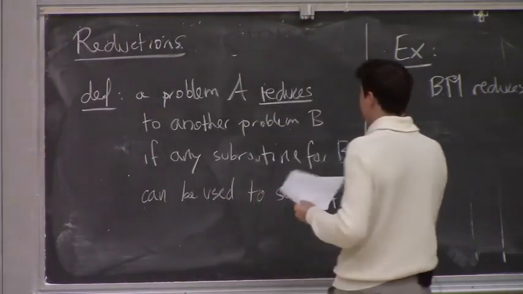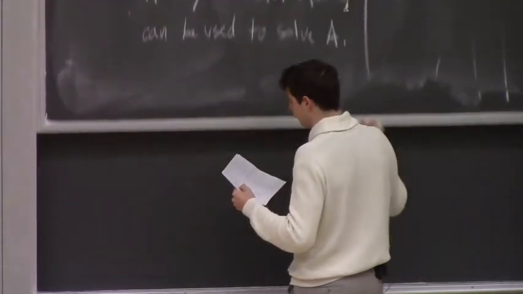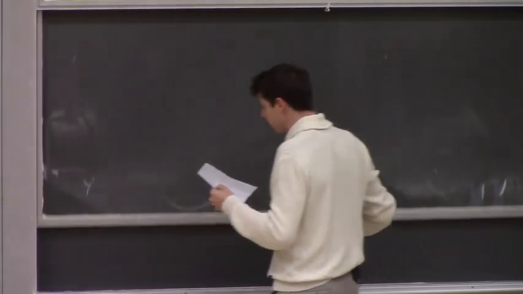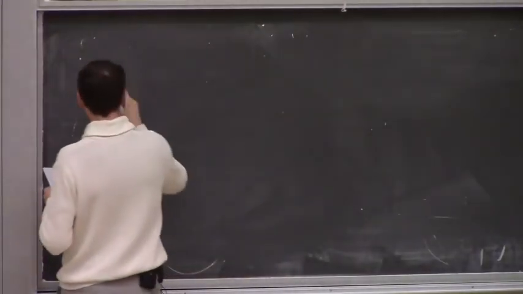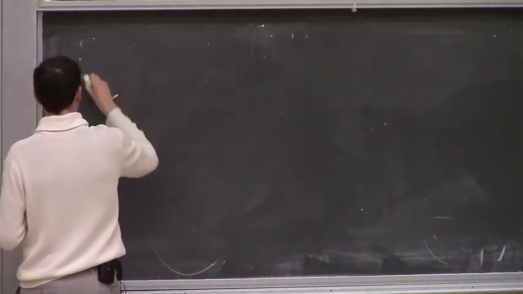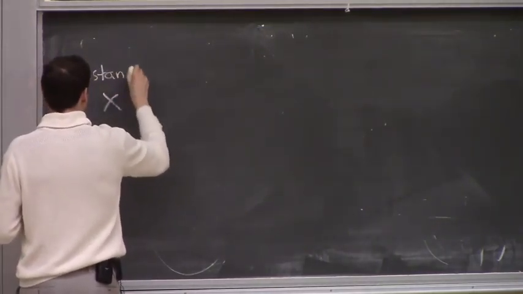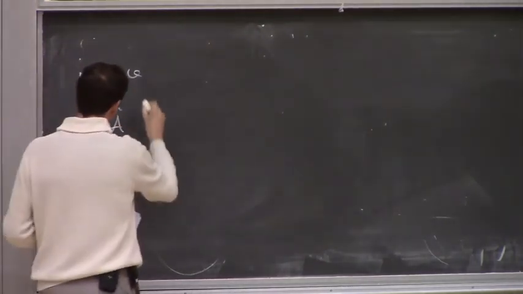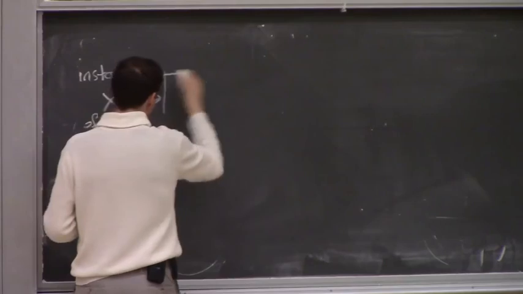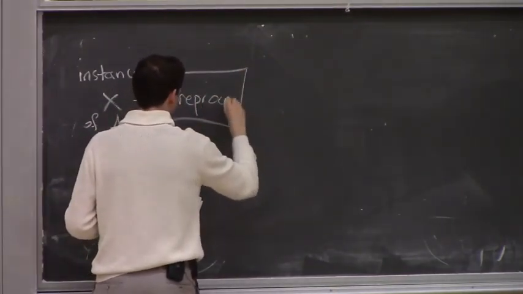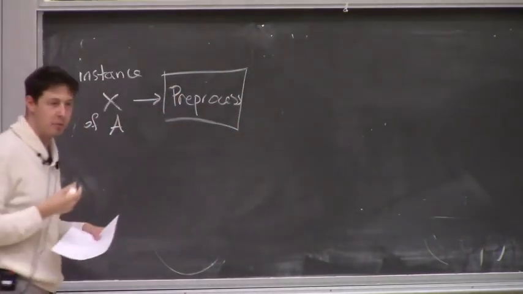So the picture you should have in mind is the following. You have your instance X that you want to solve of the problem A, right? And you stick it through a box that is going to pre-process it. Why does it need to be pre-processed?